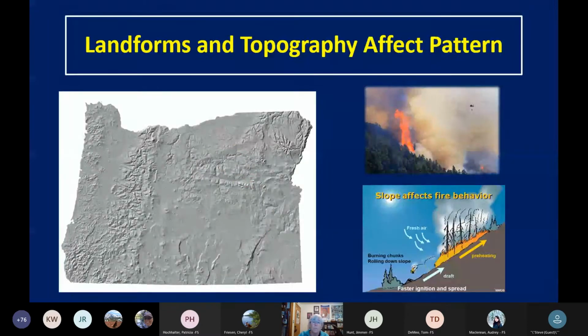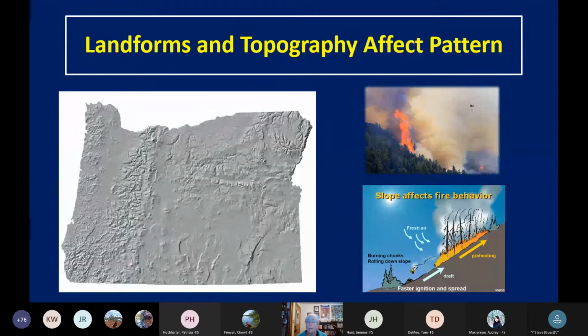So I think most folks can see the direct influence of topography and fire. So it makes sense that our southerly aspects receive more solar radiation, and consequently fuels might dry out a little earlier in the fire season.